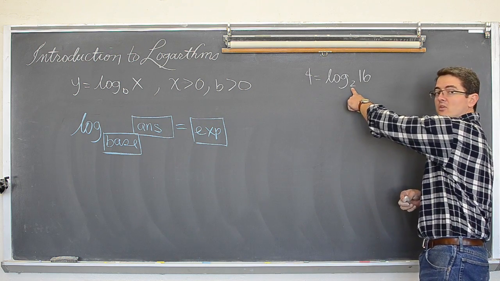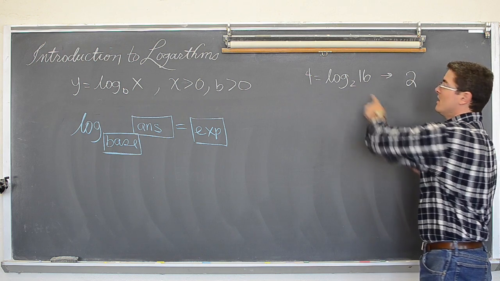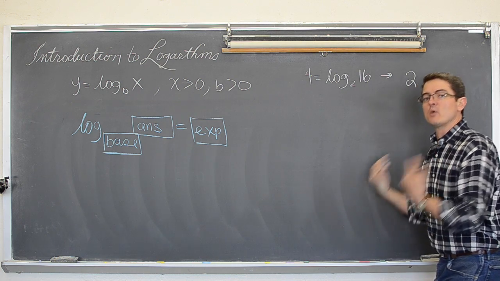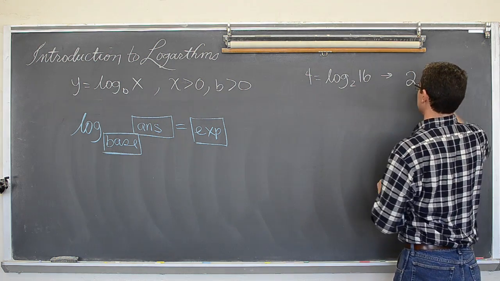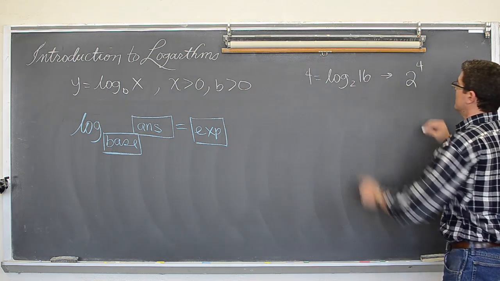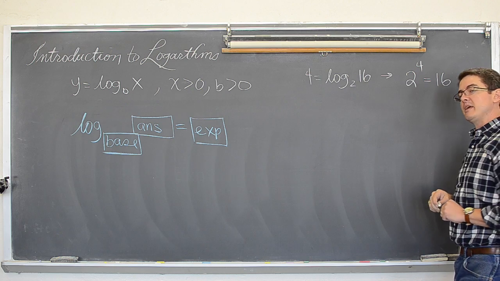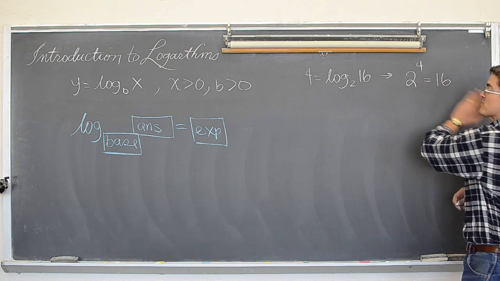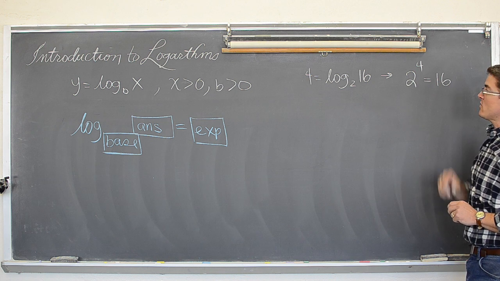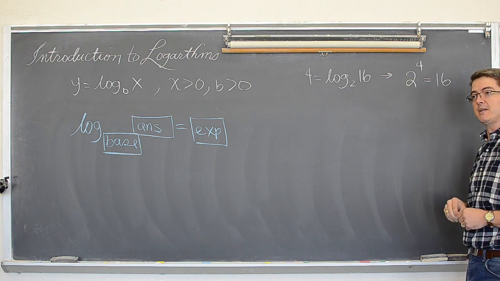So the base of the log is going to be equal to the base of our exponent. What do you get out of logarithms? You get exponents. So that's 4. And then what you're taking the log of is actually the answer in exponential form. So 4 equals log base 2 of 16 becomes 2 to the 4th equals 16.